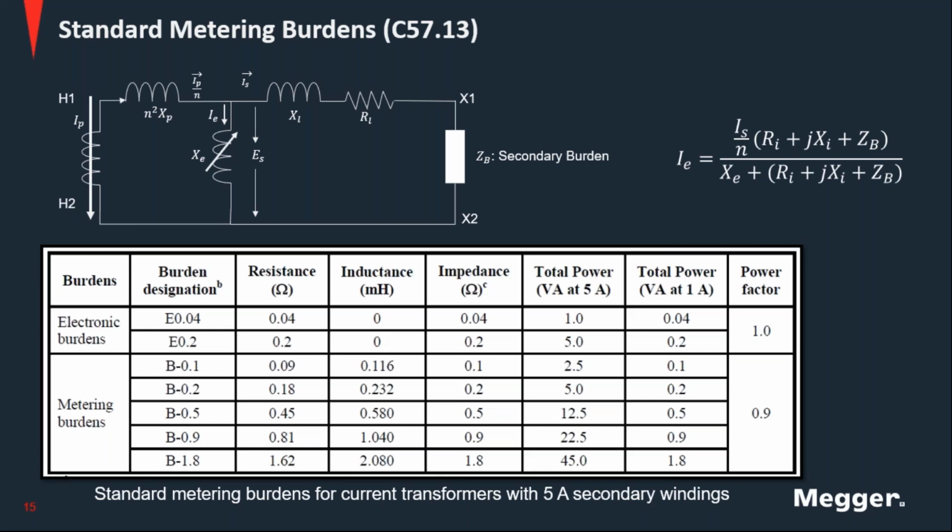And now let's talk about the other part of the accuracy class classification. So now we need to talk about the burden. I'm showing a different drawing here, but it's the same circuit.